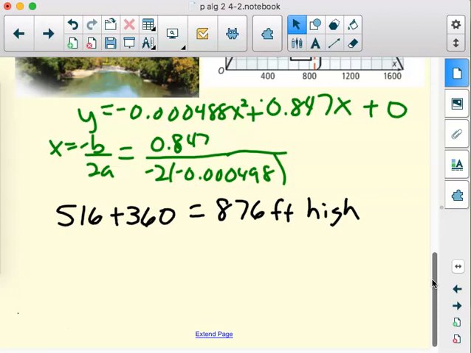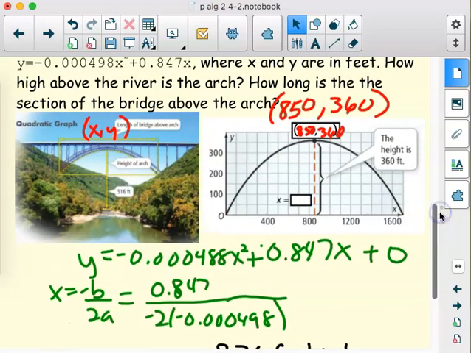And then later on, it said, how long is the section of the bridge above the arc? Well, let's think about that. So over here was 850. Are we supposed to know what this is? If this was 850, what's this stretch on this side? 850. Exactly. They're both 850.